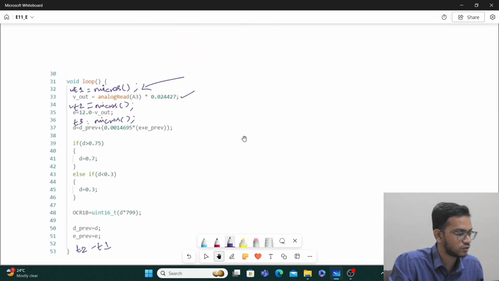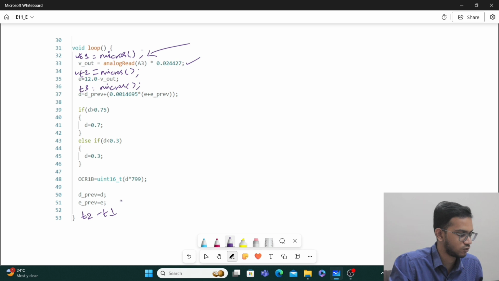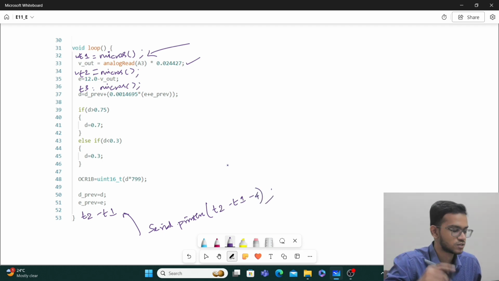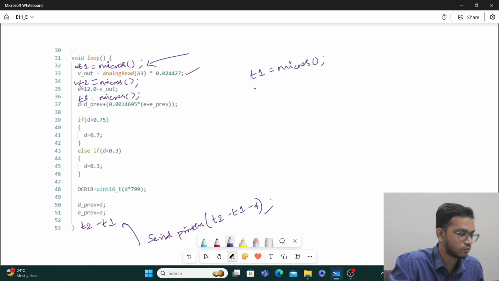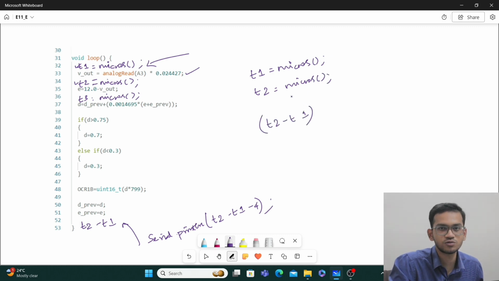Try to use this method if you don't have a DSO in your hand and you have only an Arduino. At the last, you can just type Serial.println of t2 minus t1 minus 4. Whenever you are subtracting two micros functions, always subtract a number 4 from it, because as per my observation, when I execute two micros functions back to back and print t2 minus t1, it should technically show 0, but it won't.